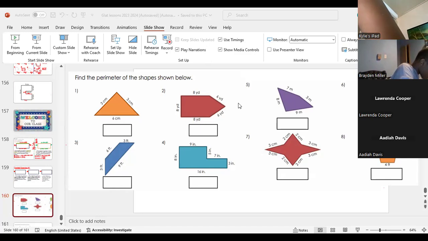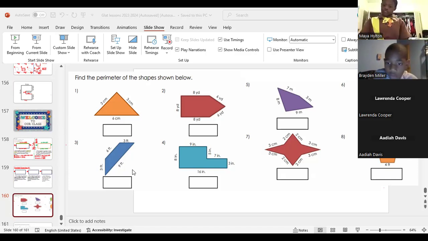Excuse me, Mr. Petit. I'm on number 5. Perfect. That's good. Hey, Gianna. Mr. Petit, I'm done drawing the shapes. I'm on number 7, Mr. Petit.